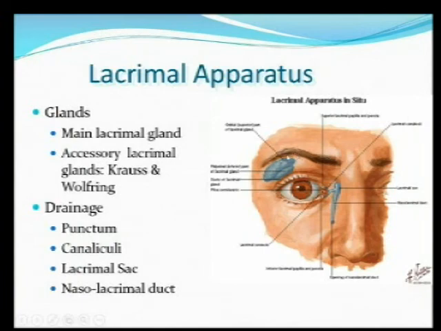And it actually rests in a depression or fossa in the orbital roof. And that fossa allows the gland to fit up there without interfering with the movement of the eye. And out of that comes lacrimal fluid, the watery part of your tears.